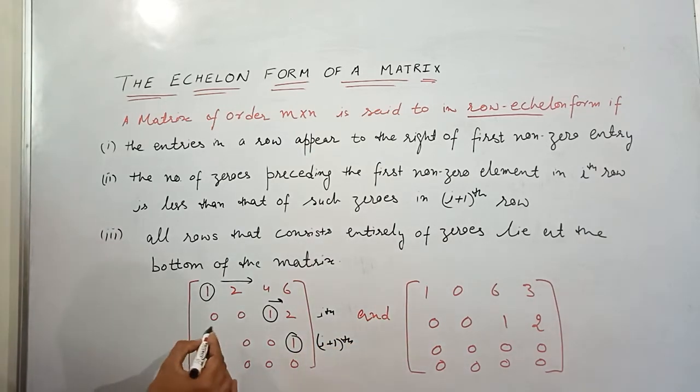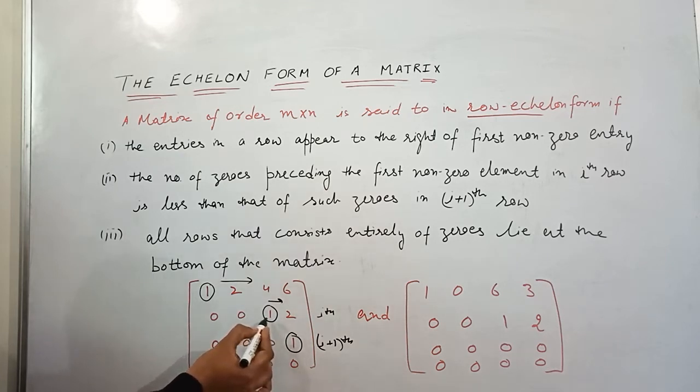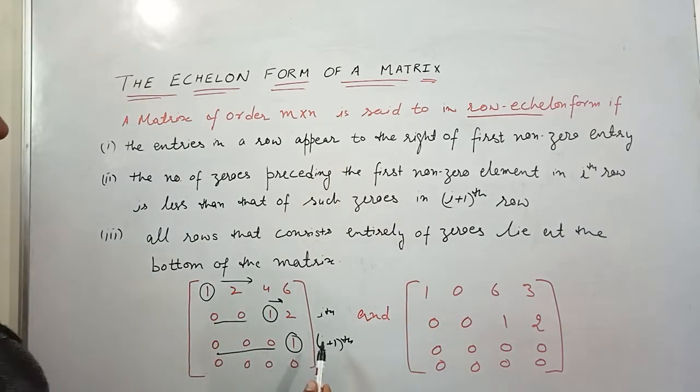So the number of zeros preceding the non-zero entry: here are two zeros and in this case here are three zeros. So in the i plus 1th row the number of zeros is more than the number of zeros in the ith row. Okay.